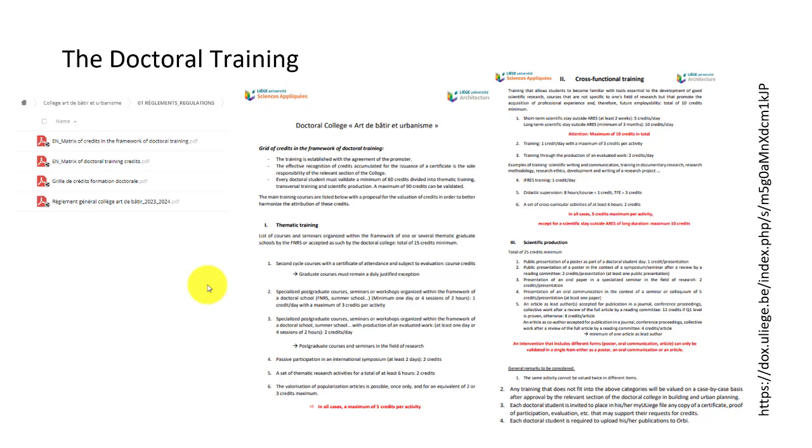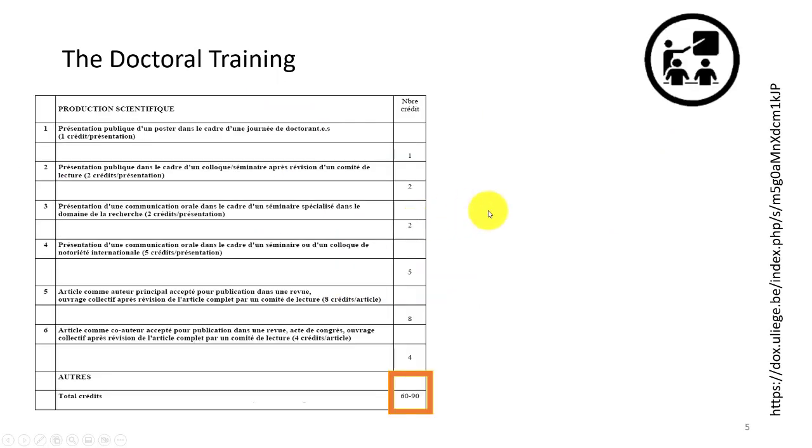You can use this document to assign the credits to the activity. If you are in doubt, the first thing you have to do is consult with your promoter and check the credits that correspond to the activity. But take care that when we say a minimum of 60 credits, you cannot exceed 90 credits overall for your whole doctoral training. This is also important to take into account.